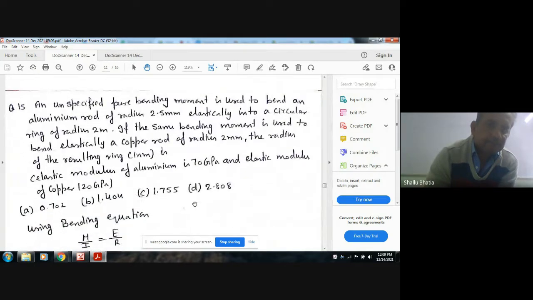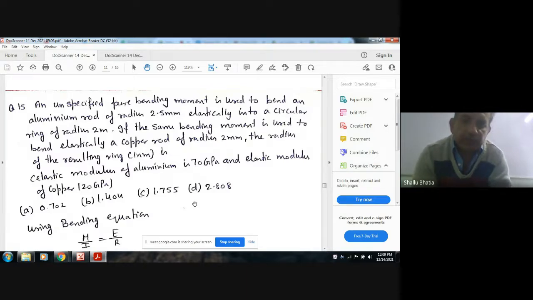Next, an unspecified pure bending moment is used to bend an aluminum rod of radius 2.5 mm elastically into a circular ring of radius 2 meters.